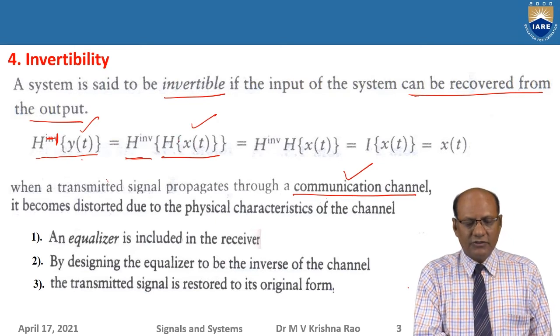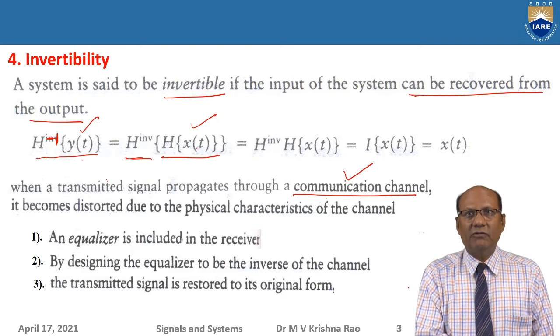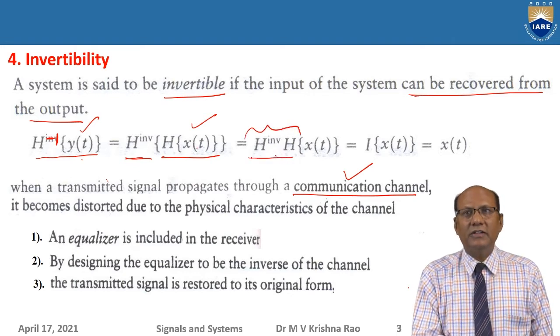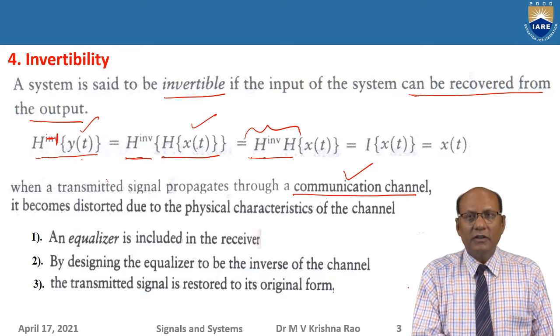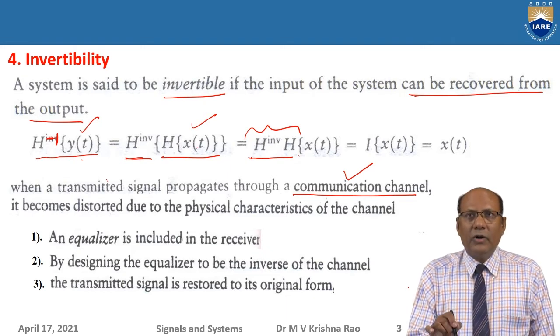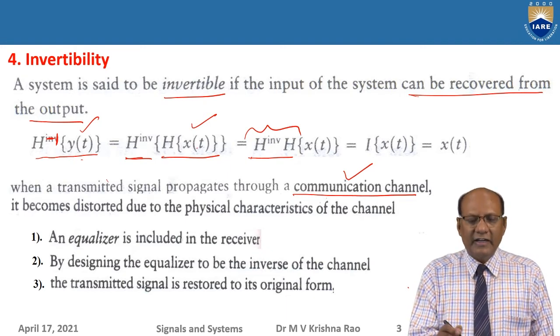The system operated on x is nothing but y. Taken together, this is H inverse into H, that means H into 1 by H. H will get cancelled.